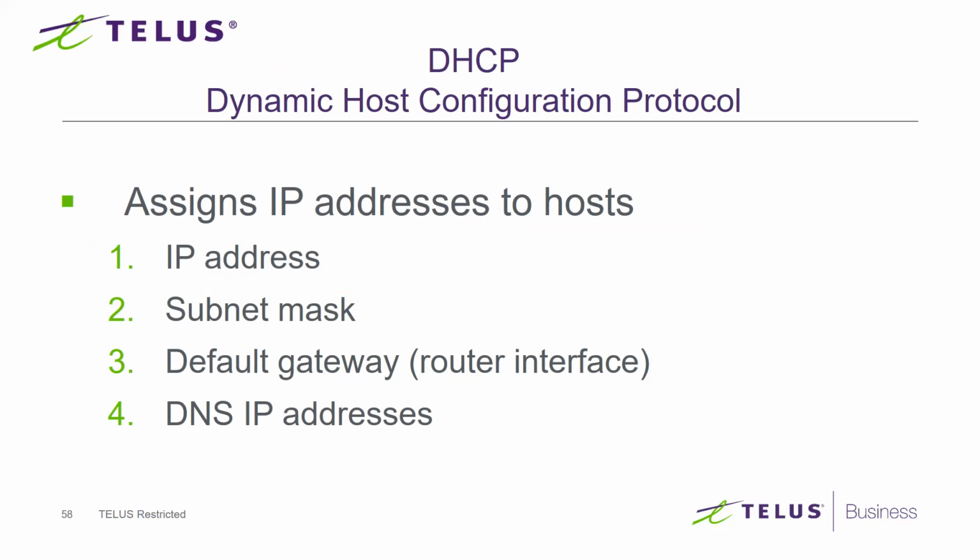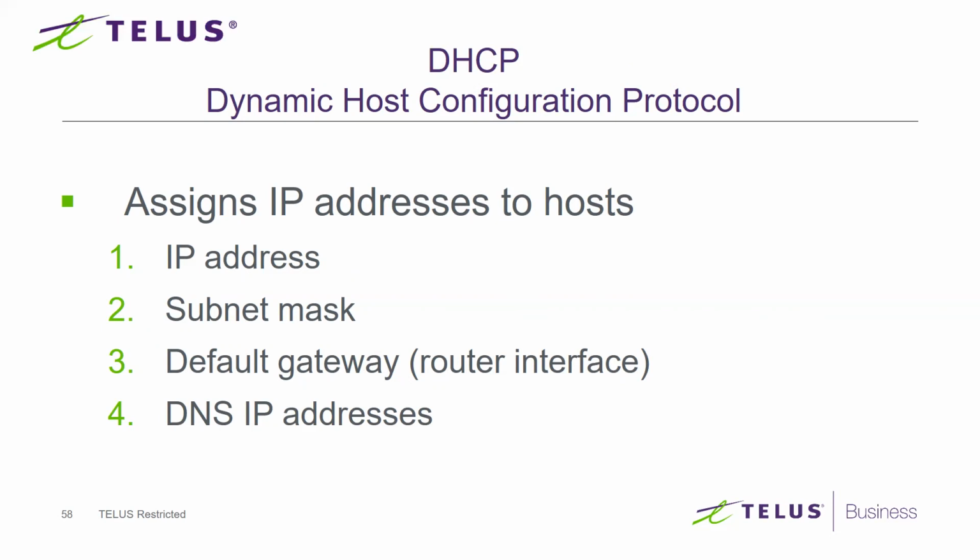A little more detail on DHCP, assigning the addresses to hosts. A lot of the stuff that a device needs to communicate, it requires an IP address. Yes, absolutely, it requires a subnet mask to know what is inside its own network, because a subnet mask is another version of, hey, I am part of this network. Therefore, anything I'm looking for, if it's an IP address that's not on my network, I have to go out through, guess what, my default gateway, okay, towards my router.